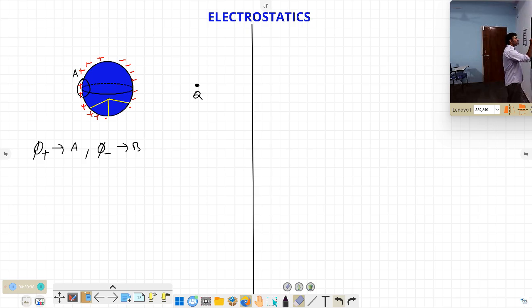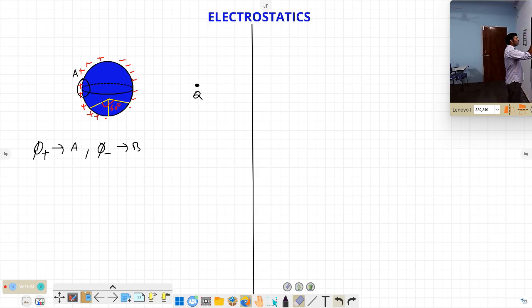Now in this case, how much angle is it making? If it is a right angle triangle, suppose it makes an angle of 60 degrees. It makes an angle of 60 degrees.